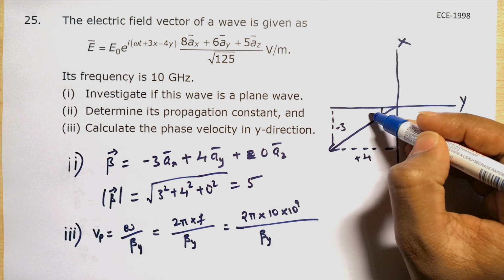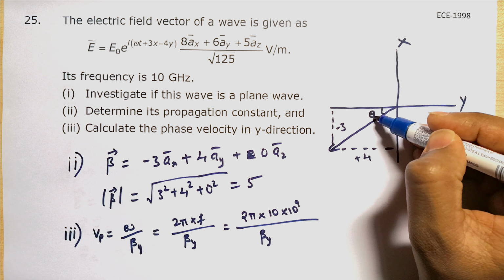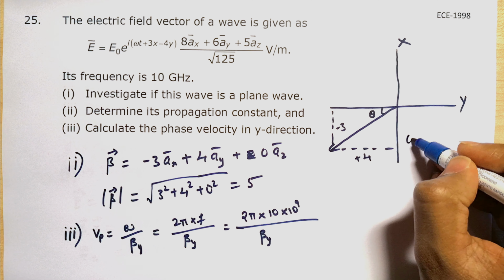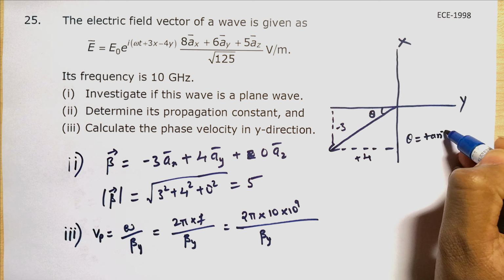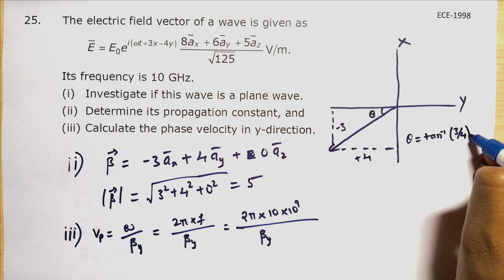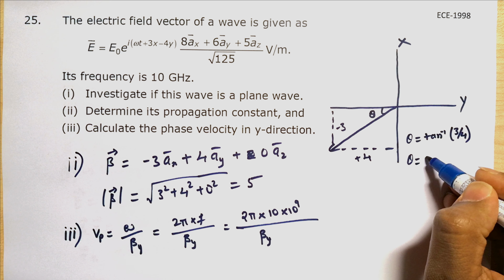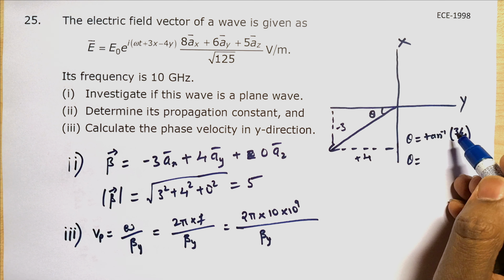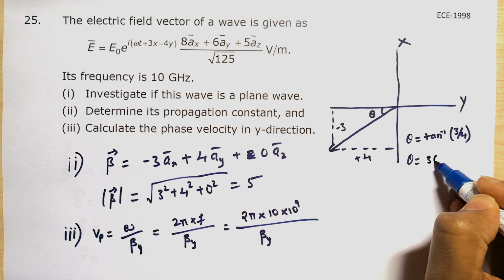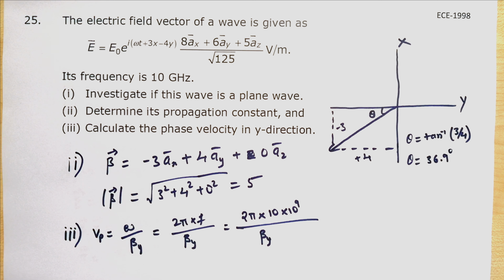In this case, this angle theta is given as theta equal to tan inverse of 3 by 4. If we calculate this, it becomes 36.9 degrees.